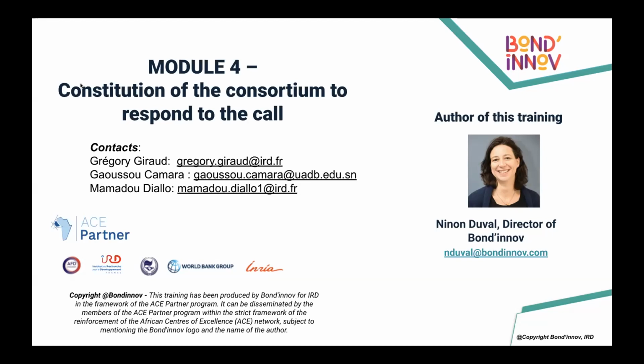This will help them maybe in the future, if they remember the discussion with you, to contact you, for example, to join a consortium. You can also collect visiting cards during the meetings and conferences in which you participate. This allows you to build your own database for when in the future you are looking for partners in responding to a call.